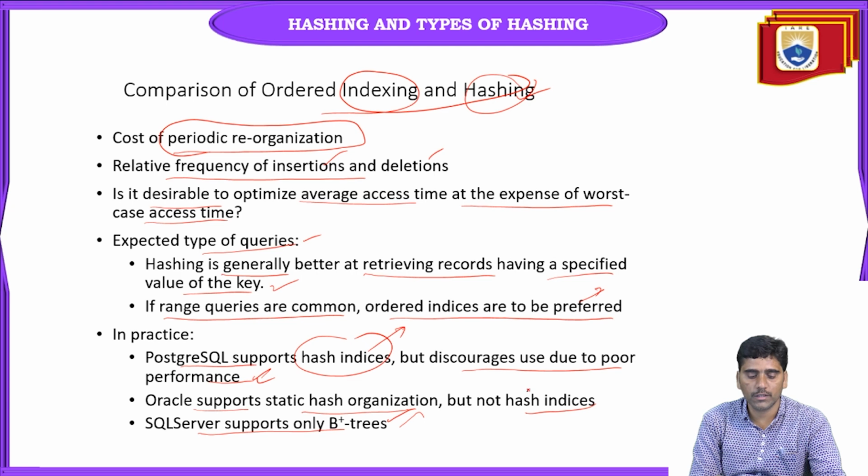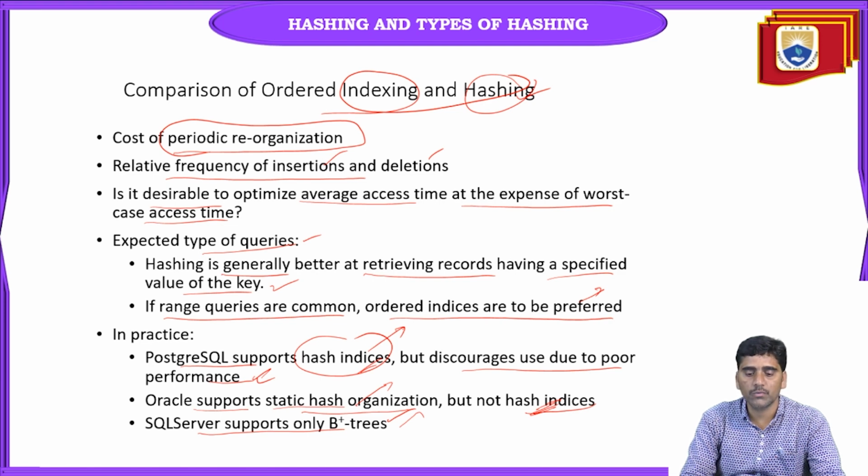So Oracle supports hash organization, Postgres supports hash indexes, but those two do not favor hashing for performance or for indexing. Organization wise it is accepted, but for the indexing mechanism it is not. So these are the comparisons between the indexing and hashing mechanisms.